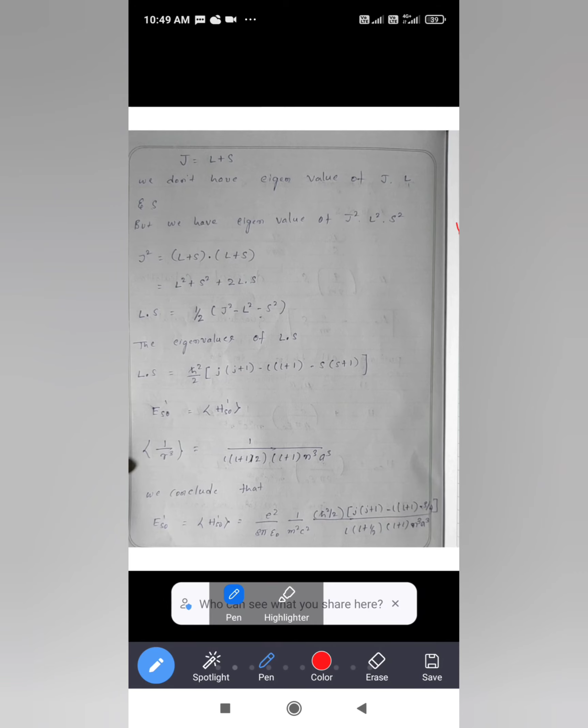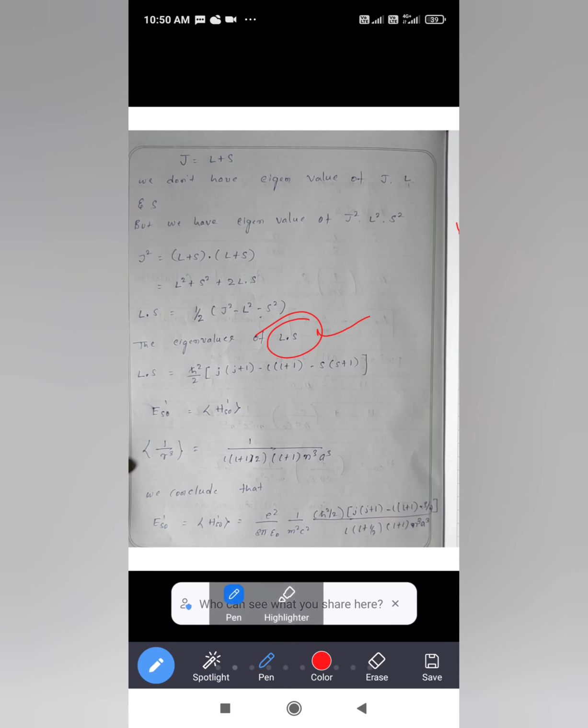So here we can clearly calculate the eigenvalues of L dot S. This is the eigenvalue equation for L dot S.